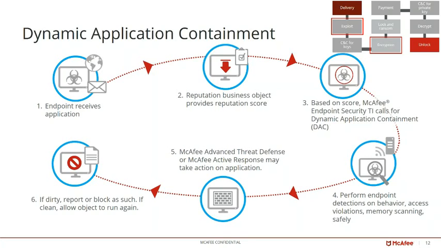We'll check to see if we've got a good reputation for the file. If it's known bad, then signatures are already going to have stopped it. If it's known good, then fine, we're okay. But if it falls in between, then we're going to get a reputation score that reflects that this is greyware, if you want to call it that.